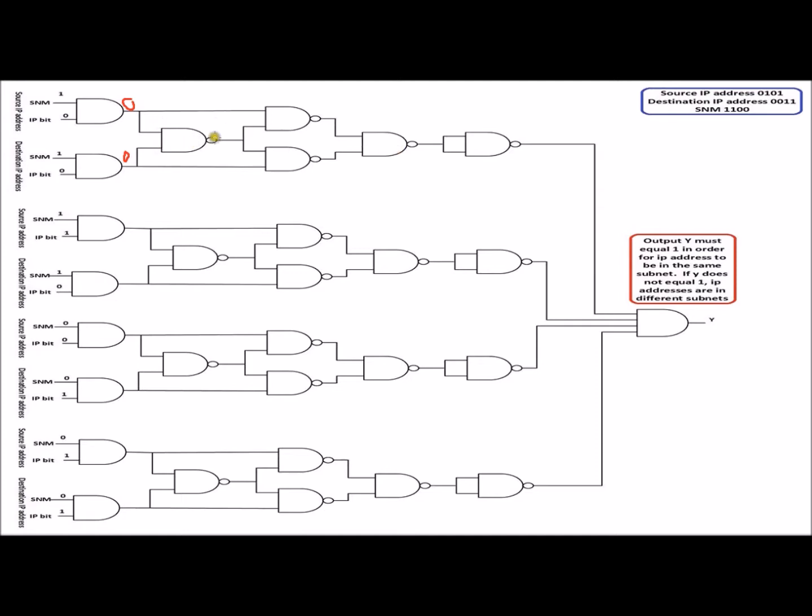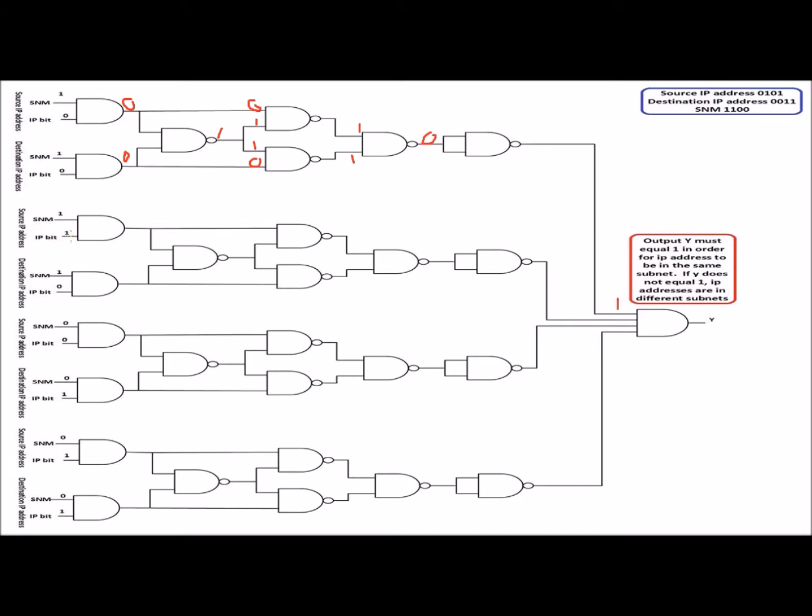So we're going to end up NANDing the 0 and a 0 and getting a 1. So we have a 1 here and a 1 here and a 0 here and a 0 here. So we know that that's going to output a 1. So we're going to have a 1 input here, an output of a 0. The 0 goes through the inverter and we have a 1.